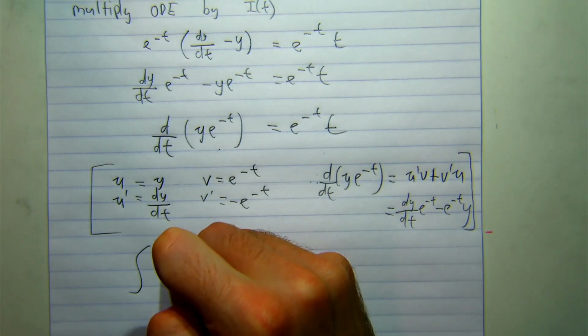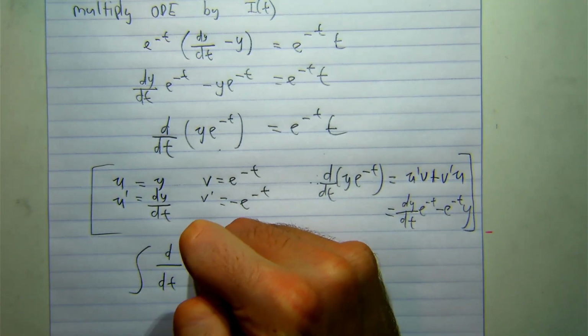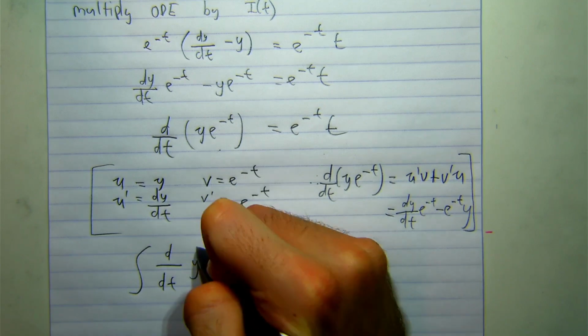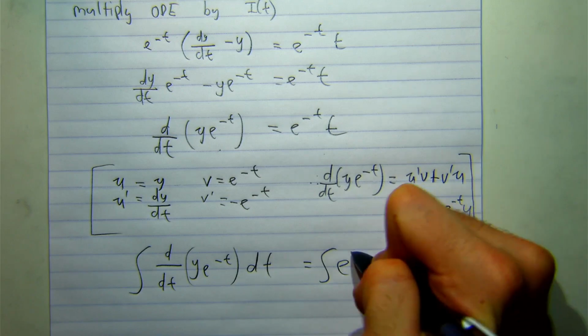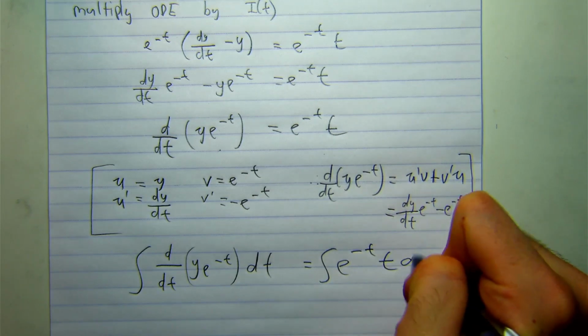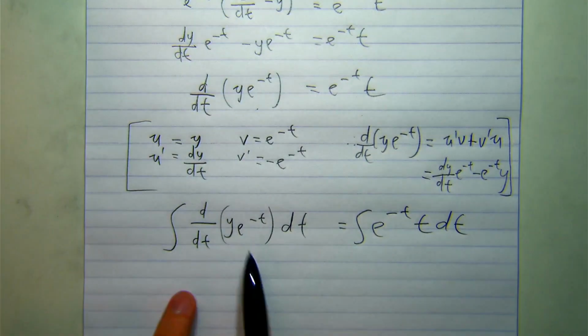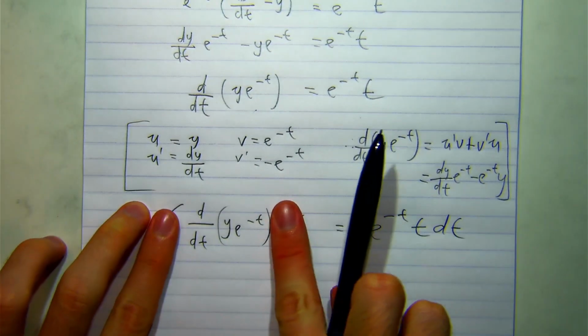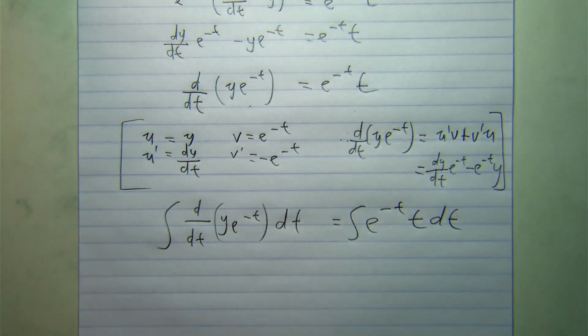Integrating both sides with respect to t gives us this. And for the left-hand side, differentiating this with respect to t and then integrating it with respect to t is cancelling out.